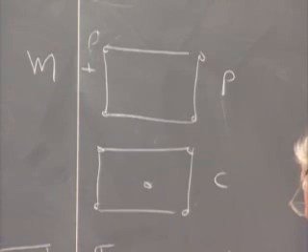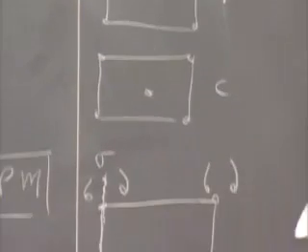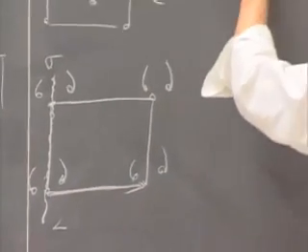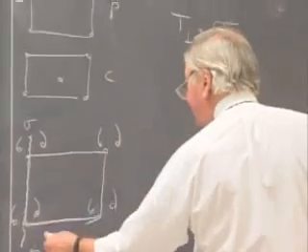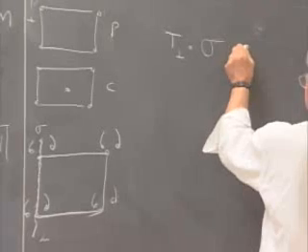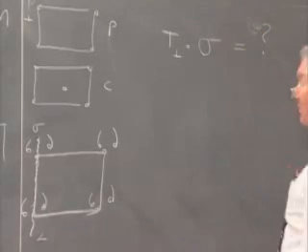What we have here is the operation of reflection followed by a translation that is perpendicular to the locus of the reflection line. And we will ask, what is that?